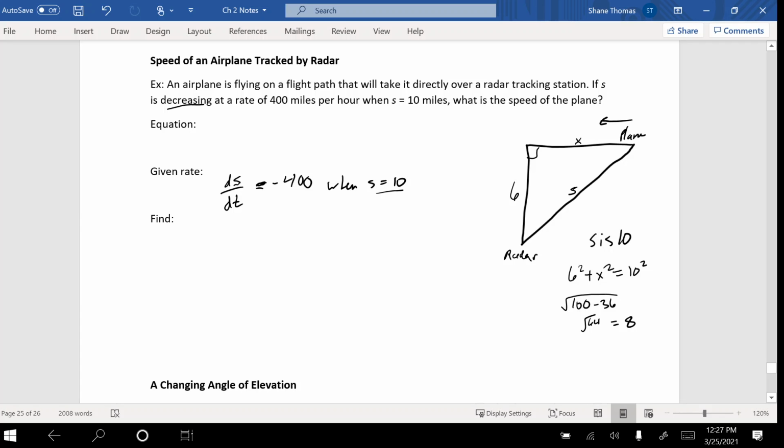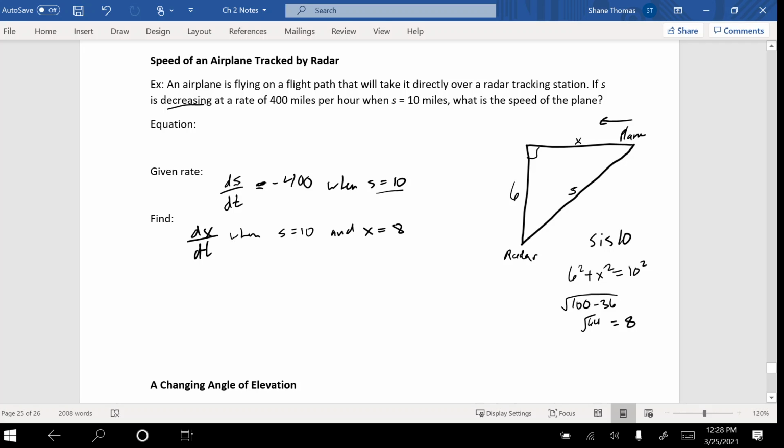All right, so I want to find dx/dt at 2 different times. I want to find it when S is 10, and I also want to find it when x is 8. If I do that, then I can find whether it's consistent or not, right?